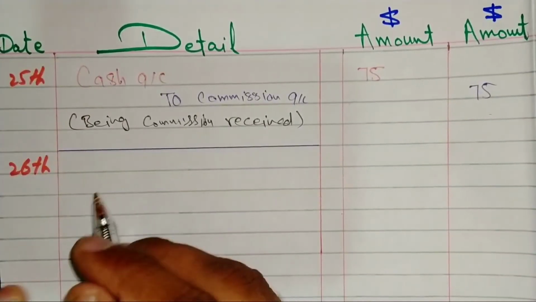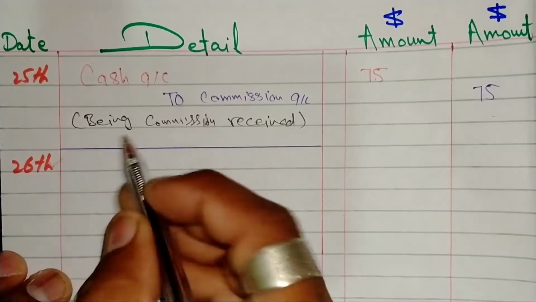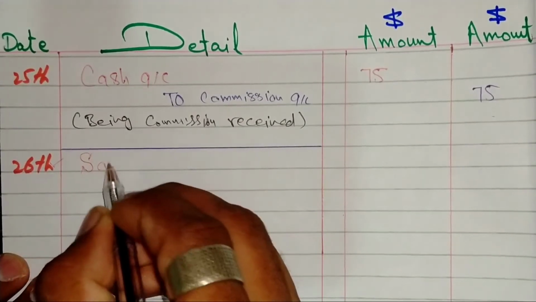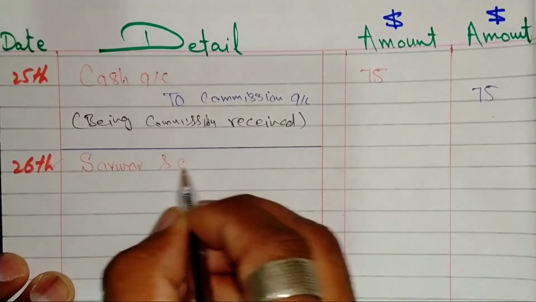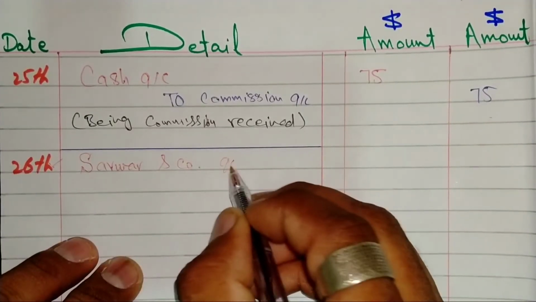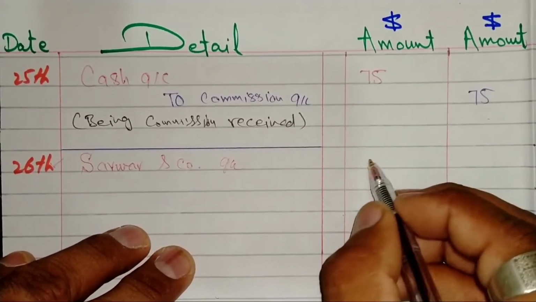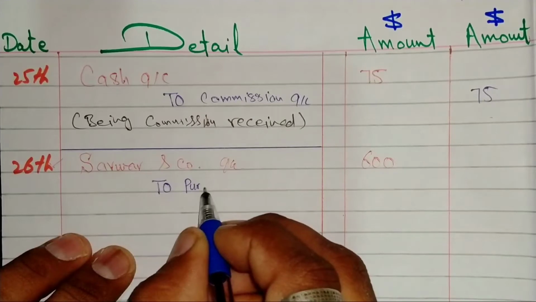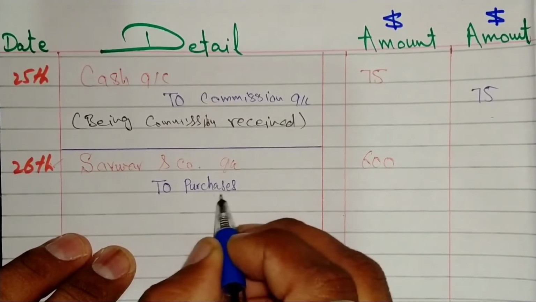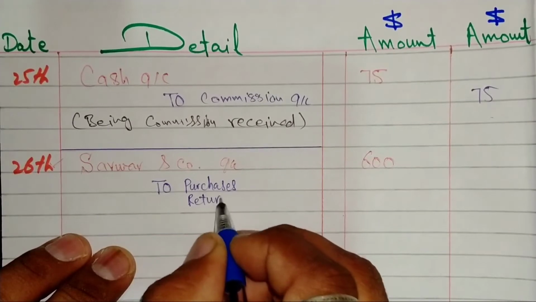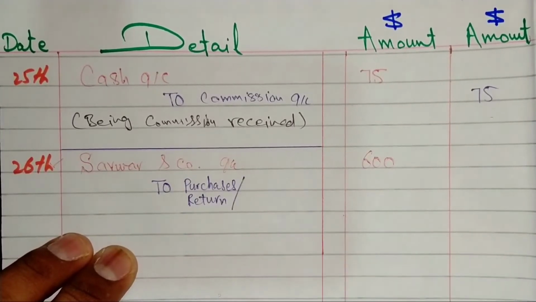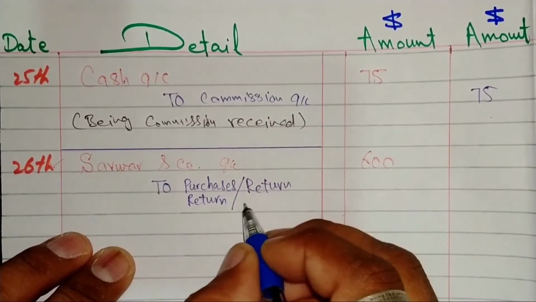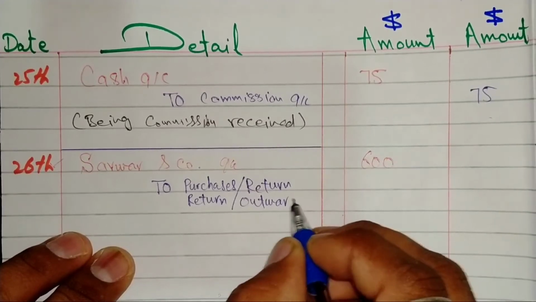The entry will be on 26th February: Server and Company account debit with amount $600 to purchases return or return outward account credit.